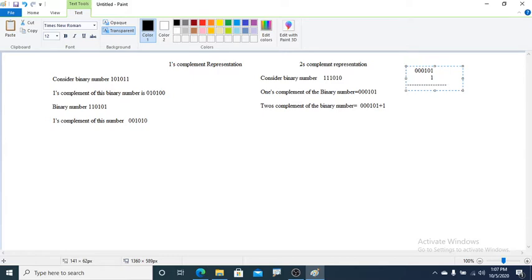Now tell me. Here you have to understand binary addition. So now I will tell you the binary addition. Okay, now I will introduce you to binary addition.